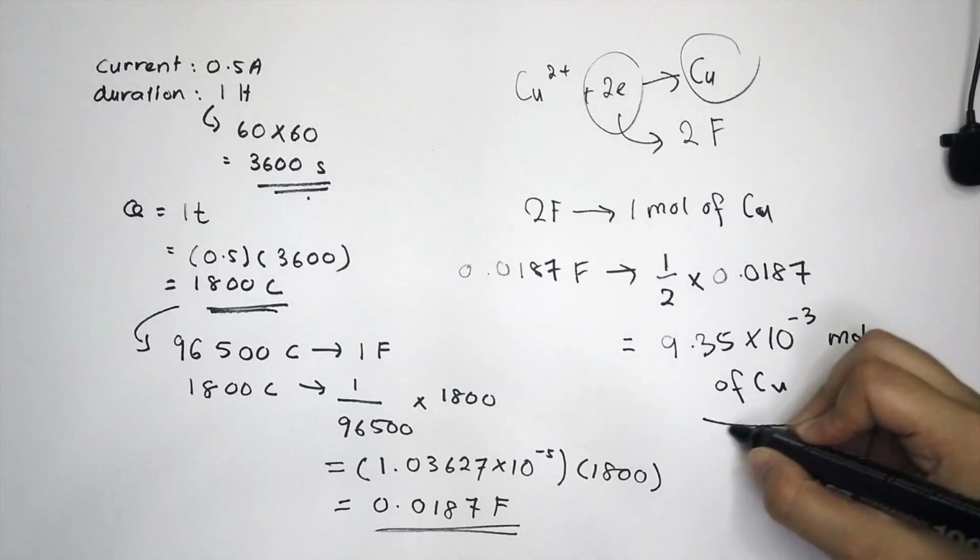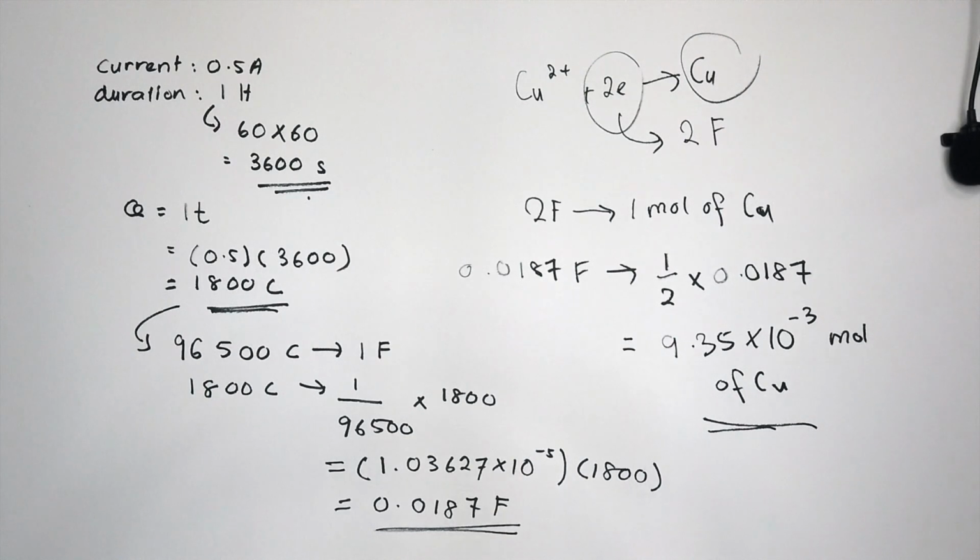This is how much copper that is going to be deposited. But in the question, you were asked to calculate what is the mass of copper. So how are you going to do it? Is by using the formula number of mole equivalent to mass over RMM.